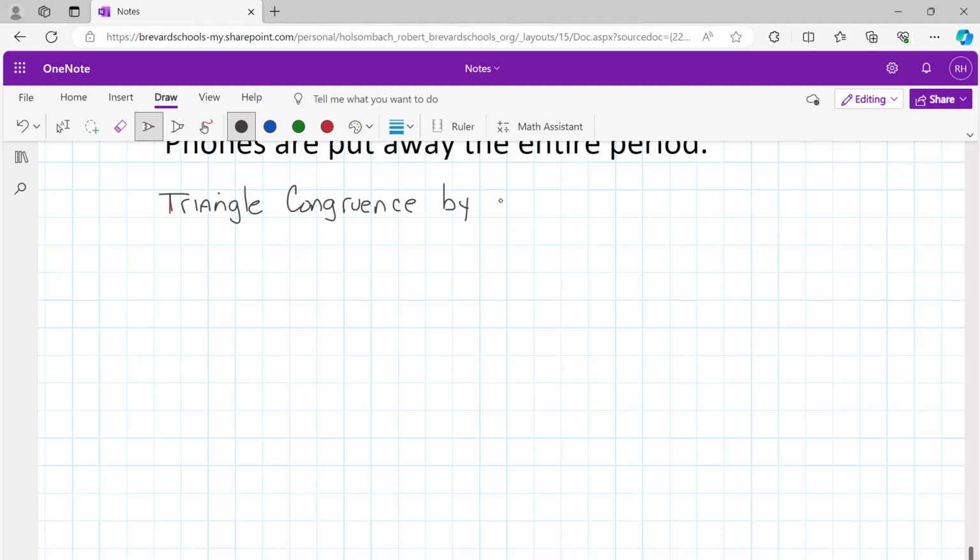Today we've got ASA, which is short for angle side angle, and AAS, which is angle angle side. So postulate 4.3, angle side angle congruence.